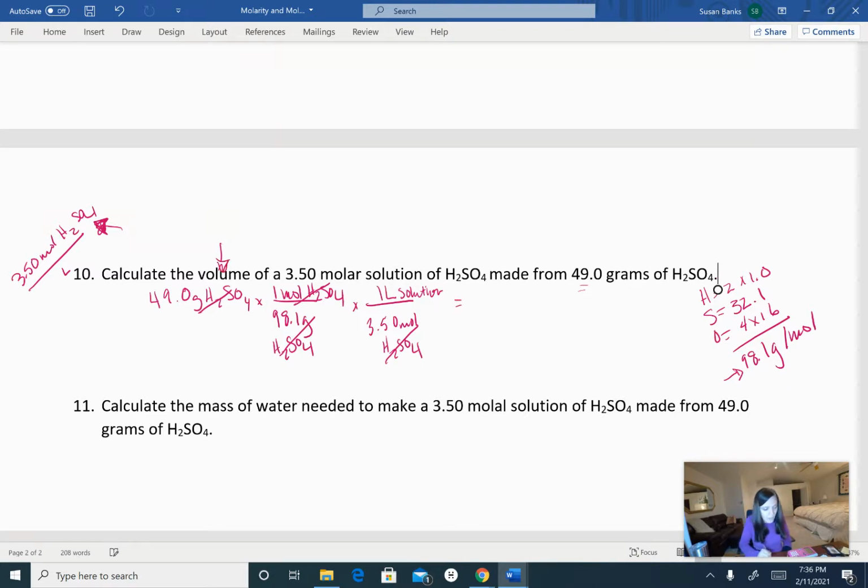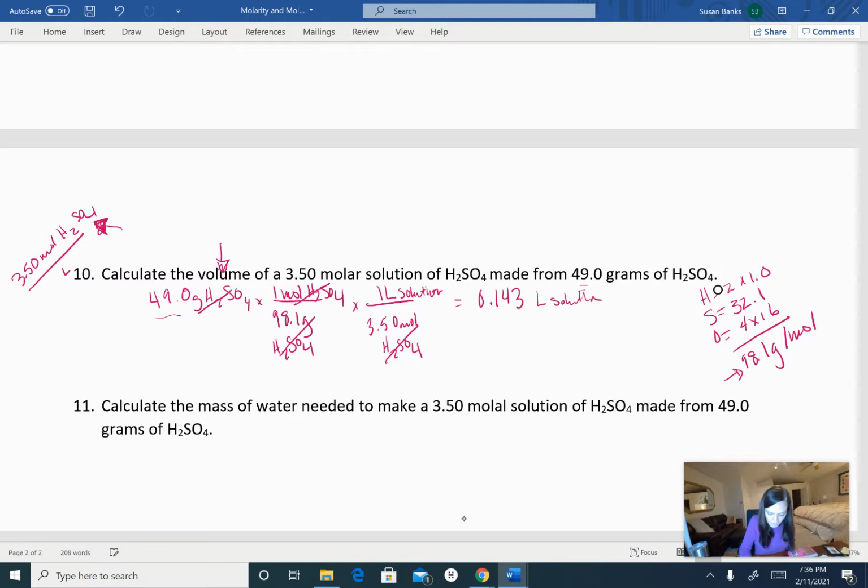I've got 3 digits here, so when I take 49 and divide it by 98 and then divide it again by 3.5, to the nearest 3 digits, I have 0.143 liters of solution.